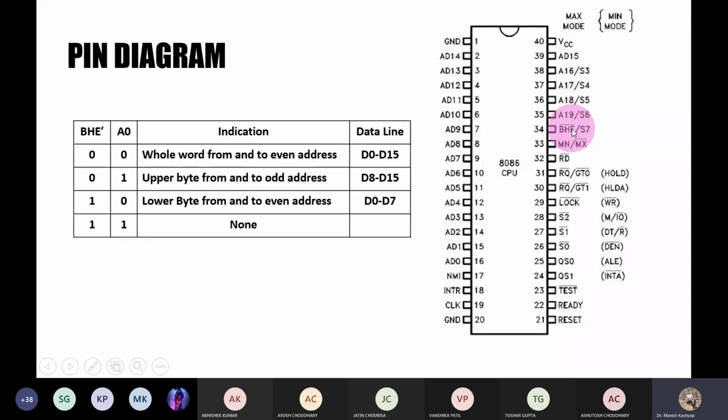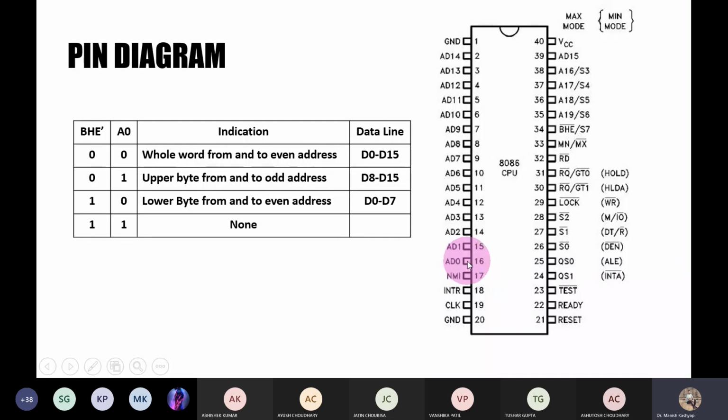If you see this particular chart, this bus high enable bar is also attached here, but I have used this symbol to indicate that bus high enable is used in conjunction with this A0 bit. Why? Because if the A0 bit is 0, the address is even, otherwise the address will be odd. The address bus goes from A0 to A19, and A0 is the least significant bit.